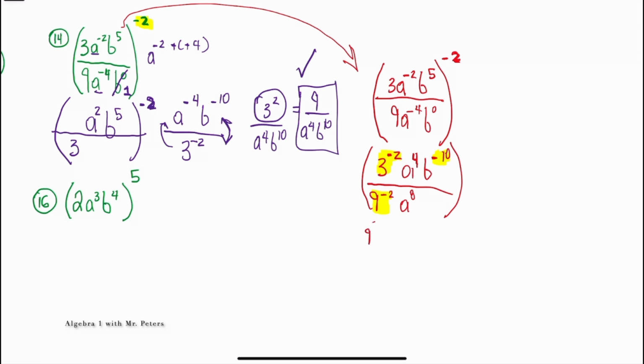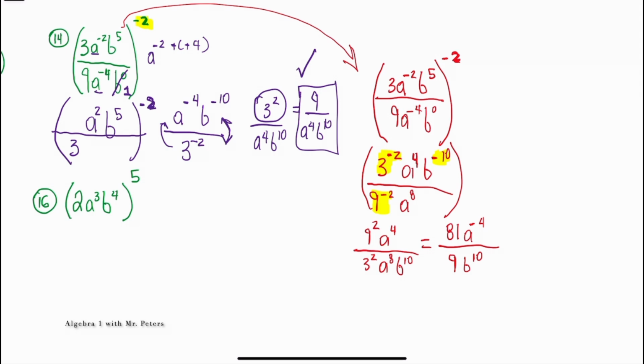We're going to have 9 squared, a to the 4th, all over 3 squared, a to the 8th, b to the 10th. And when we take this one step further, this will turn into 81, a to the -4, because we did 4 minus 8, all over 9b to the 10th power.